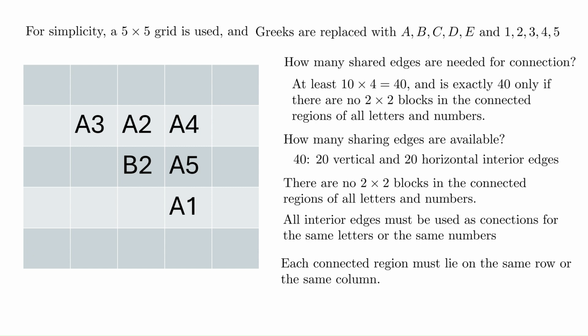They must share something in common, either the letter or the number. A and B are different, so the numbers must be the same. It is 2. But B2 and A5 are also neighbors, and they can have a common letter or a common number.